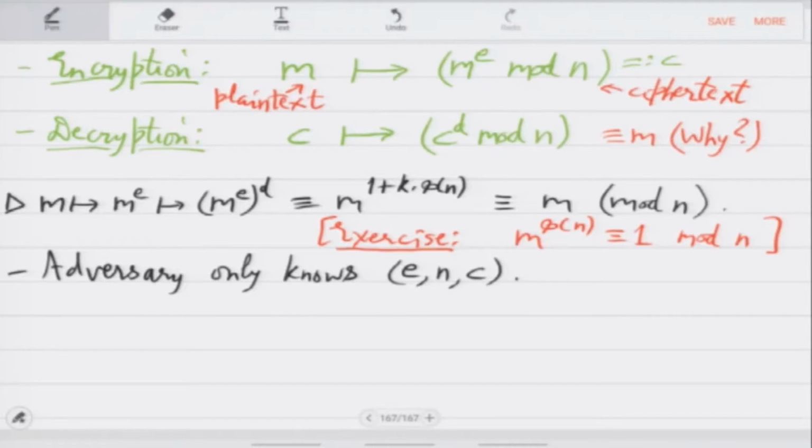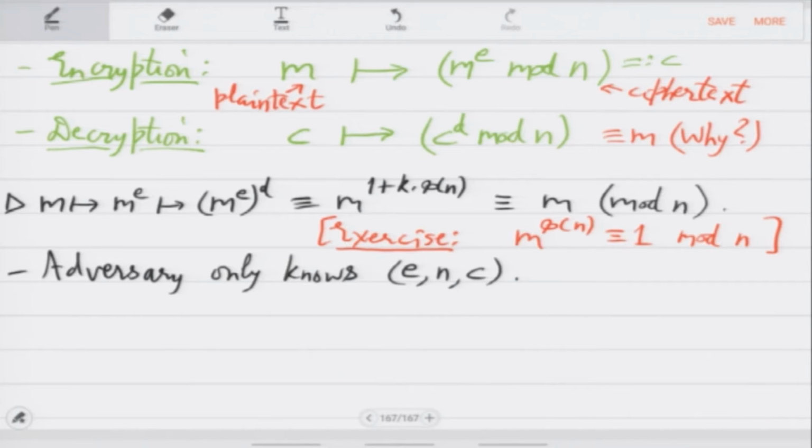That is the question of factoring n. How will the adversary find M? Well, that is the question of computing c to the 1 by e, right. These are the two natural attacks or algorithms the adversary will try. Both are conjectured to be hard.